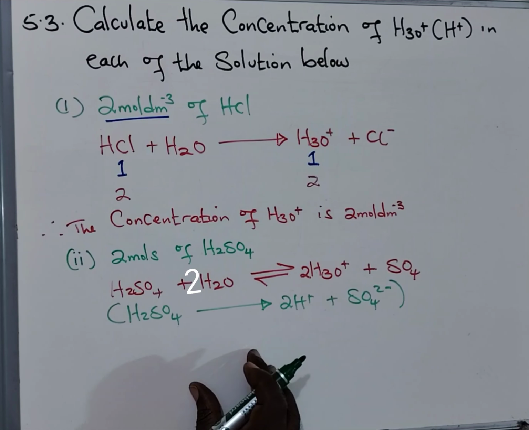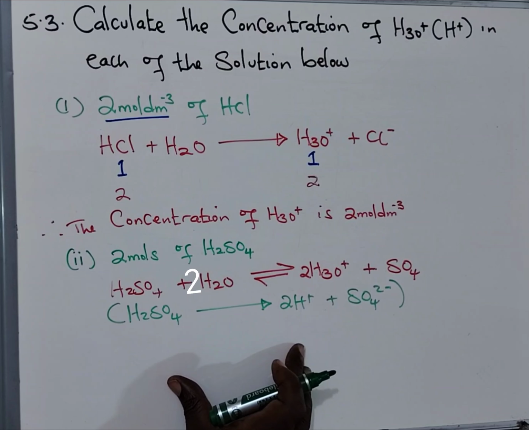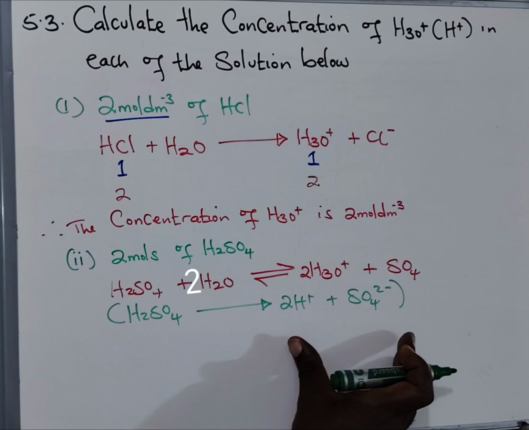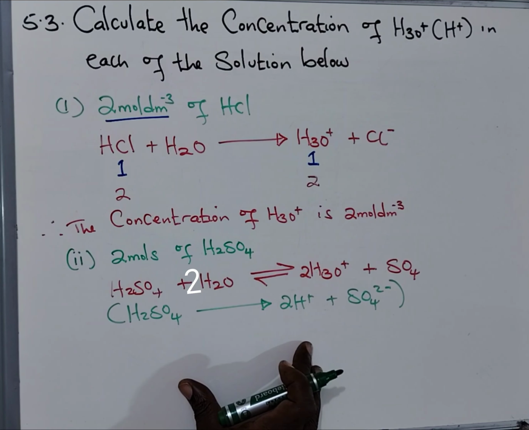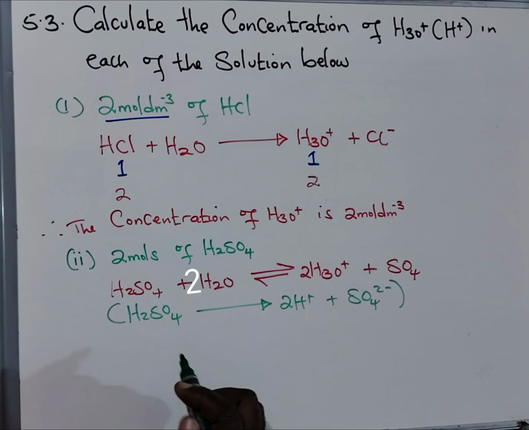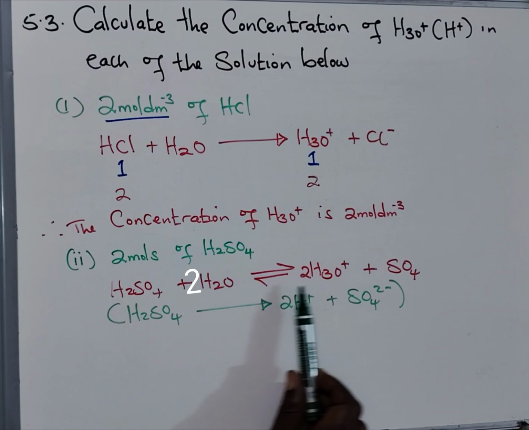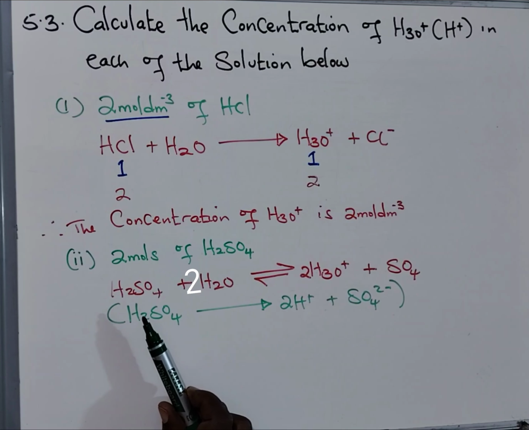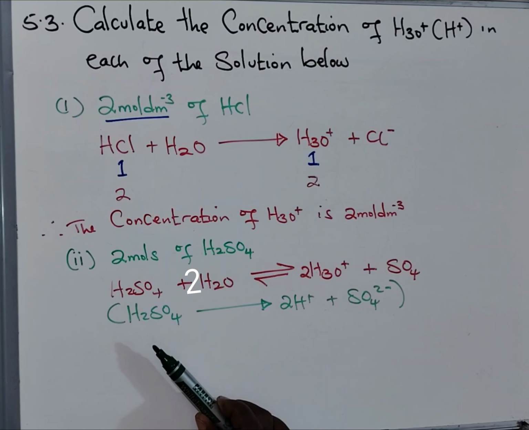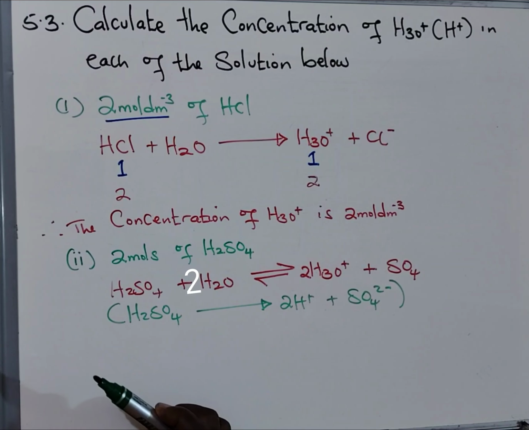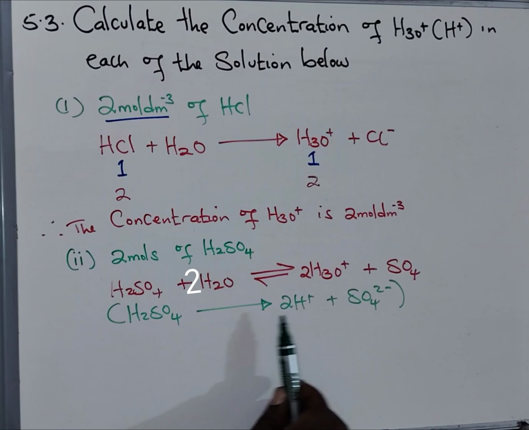This one is simpler and does not make the situation wrong. So if you feel you cannot handle this reaction of water, we advise you to use simply this one. Just split the sulfuric acid into ionizable hydrogen, which is this one, and the sulfate, which is that one.